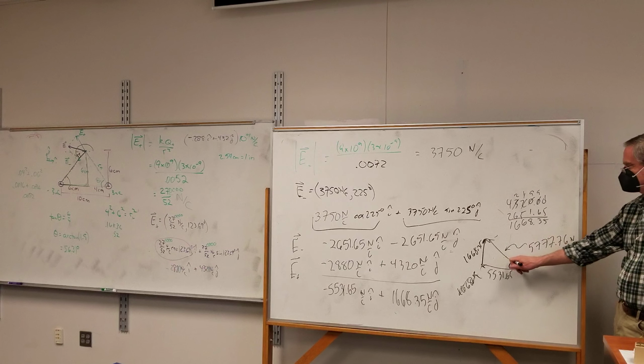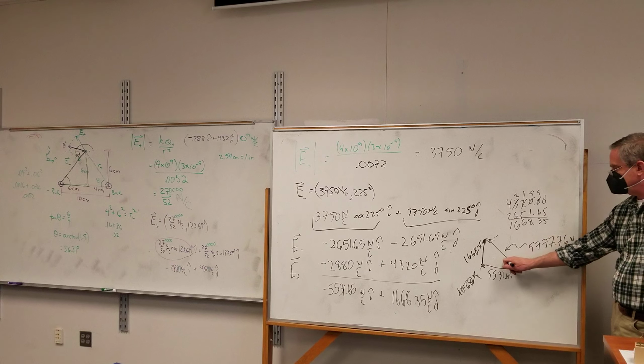So how would you find this angle? I would cleverly call it theta. It's going to be arctan of that number. So theta is the arctan of, can you see this, Sarah? I can. Okay, well enough then. 1668.35 over 5531.65.